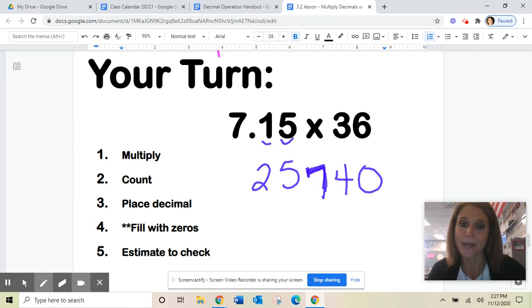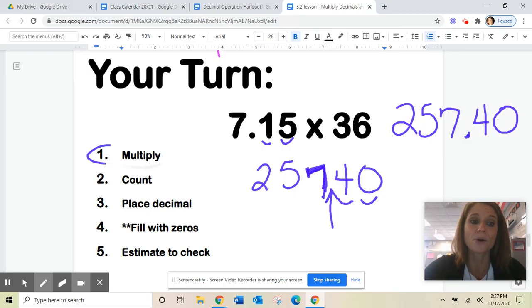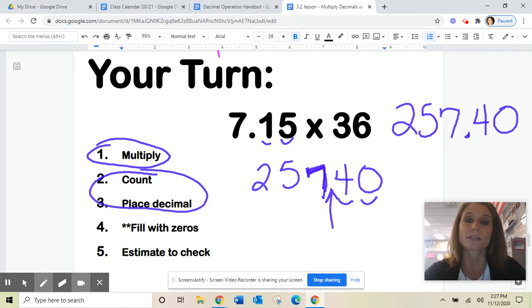So we would need 2 matching spots in our answer. So the decimal is going to live here, making this about 250-ish, 257.40 to be exact. Check how you did. Are you able to multiply okay? Are you able to place a decimal in your answer as well?